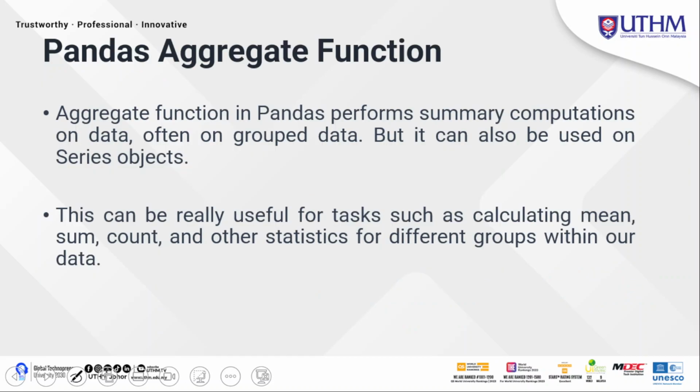Pandas aggregate function. Aggregate functions in Pandas perform summary computations on data, often on grouped data, but they can also be used on series objects. This can be really useful for tasks such as calculating mean, sum, count, and other statistics for different groups within our data.